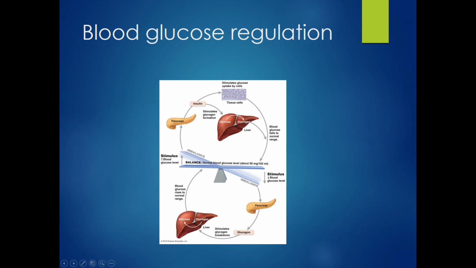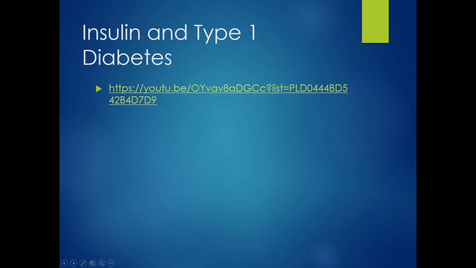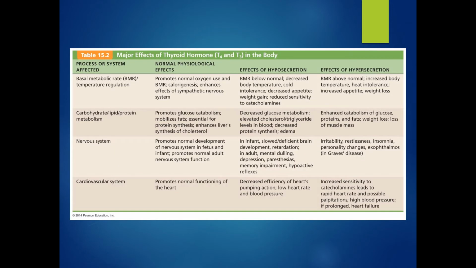So glucagon can also stimulate the liver to take fatty acids and convert those into glucose that we then run through the Krebs cycle. But then we're going to take glucose levels back up to normal range. And so we're always teeter-tottering back and forth all day long, every day. Here are just some videos about that.